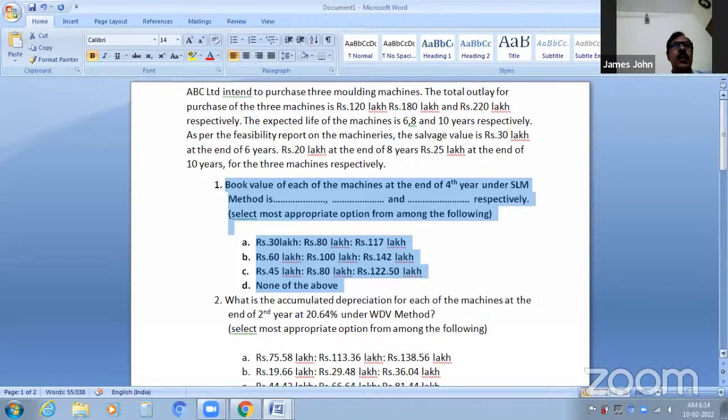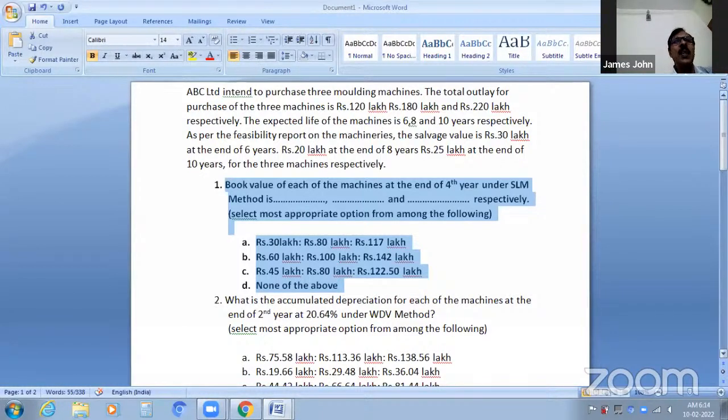Look at the third one. What is the accumulated depreciation for each of the machines at the end of the year? Please explain again. Question number 1 and 2 have two cases I have given you.